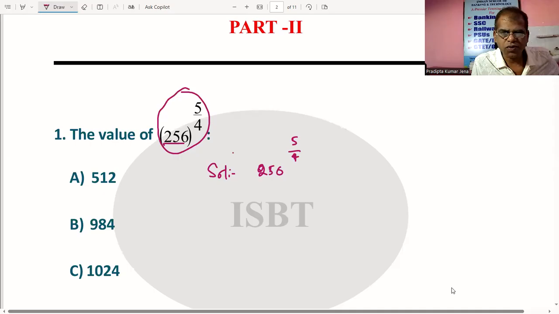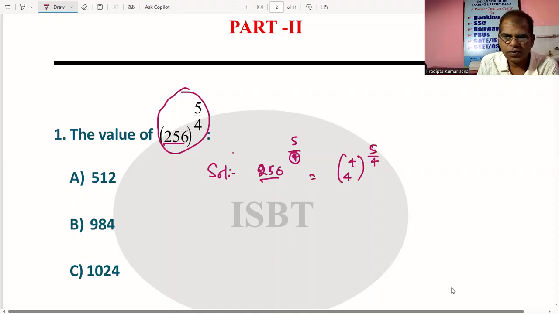First we should remove the 4 from the power. 256 can be written as 4 to the power 4, that is 4 into 4 into 4 into 4. So (4^4)^(5/4), and the 4 cancels.